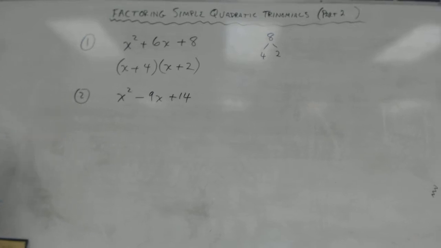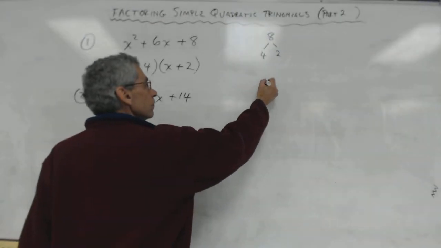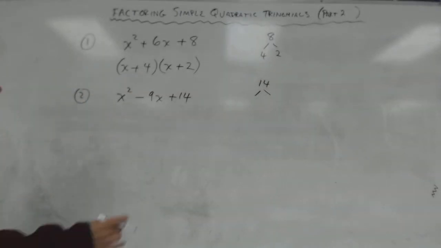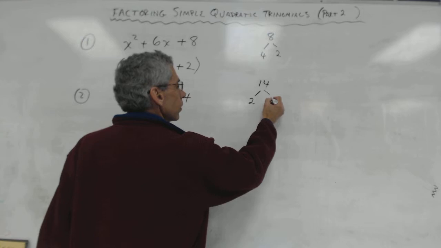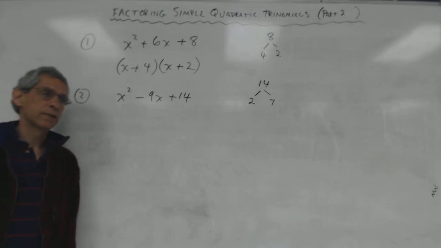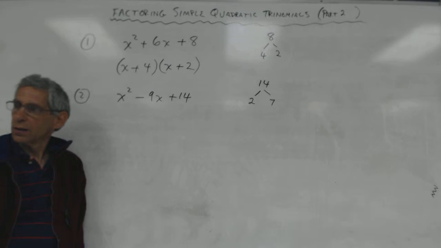Factors of 14 that add to... 2 and 7. But 2 and 7 add to 9, and we need 11. Oh, shoot. No good. Use a negative number.